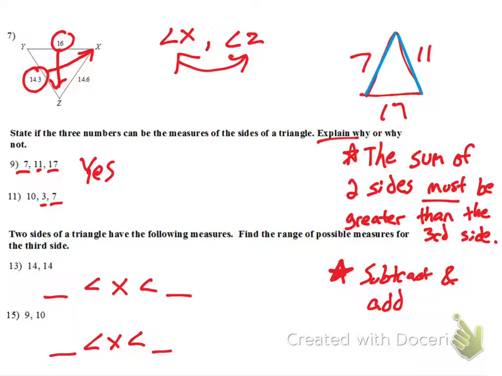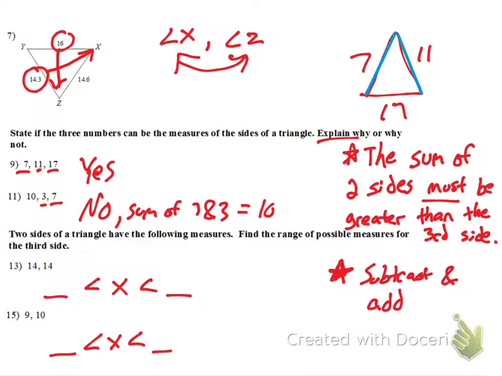It's not greater. So I would say no, and I would just say the sum of 7 and 3 is equal to 10. Or you could say the sum of 2 sides is equal to 1 side.